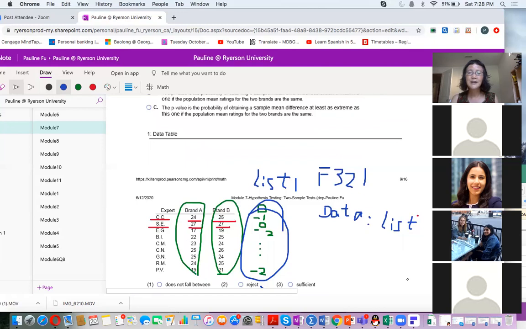The other way to draw a conclusion is to use the p-value method. You can get the p-value from the calculator. You compare the p-value with alpha. When p-value is greater than alpha, do not reject H0. When p-value is smaller than alpha, reject H0. So that is your conclusion.